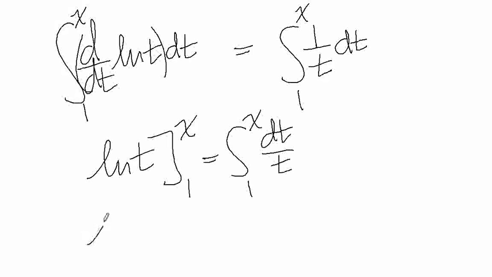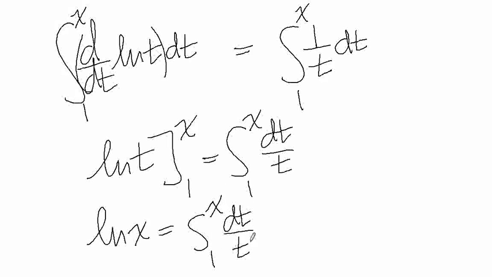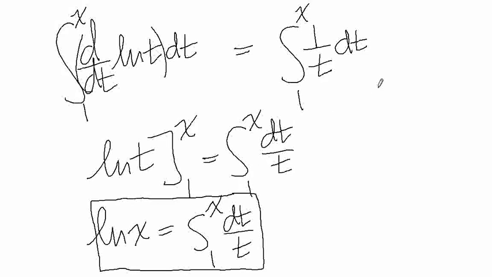So for the left side, we just have ln of x, okay? And on the right side, we have the alternate integral-based definition of the natural logarithm function. All right? Sometimes this will be a handy formula to remember.